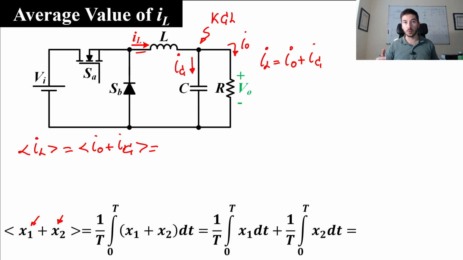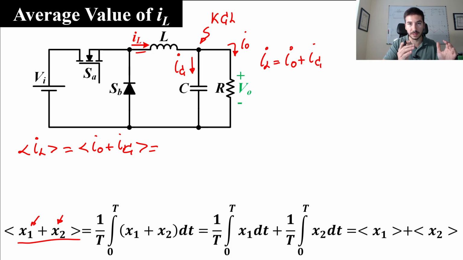In this way, what we have demonstrated is that the average value of a sum of waveforms is the average value of the first waveform plus the average value of the second waveform. So we are going to apply this idea in our case, and we can say that this is average value of the output current plus average value of the capacitor current.